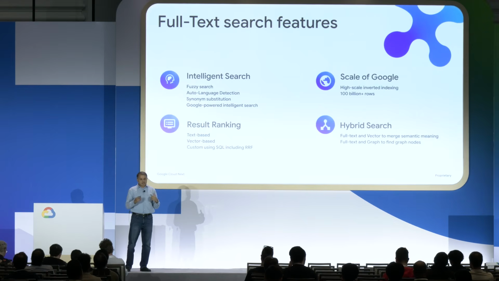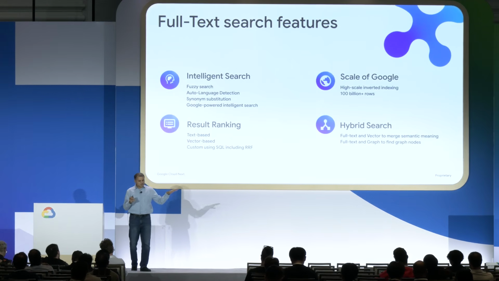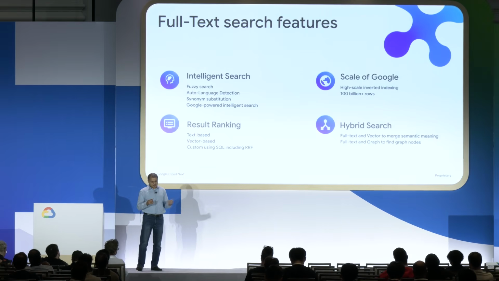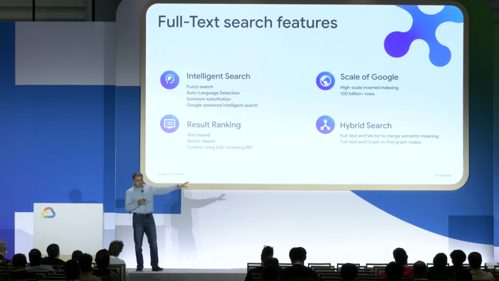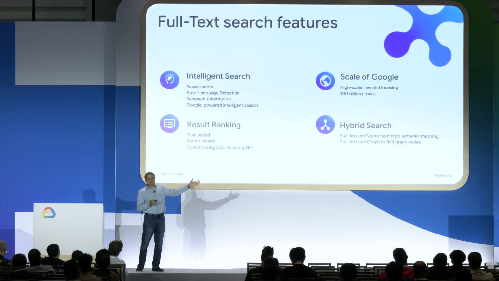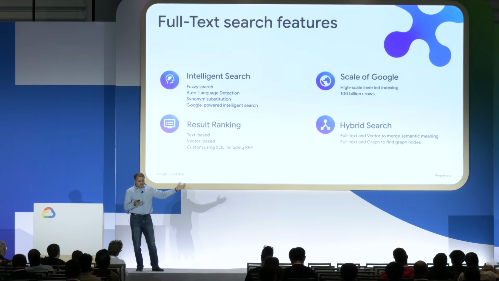We have auto language detection, so the system will automatically detect the query language and the document language, and synonym substitution. And finally, the one hidden, well, not so hidden feature that Alexander mentioned too, which is Google-powered intelligent search with enhanced queries. When you're doing these search results, this really scales to Google. Alexander mentioned around 250 million documents. We've seen use cases of 100+ billion rows.